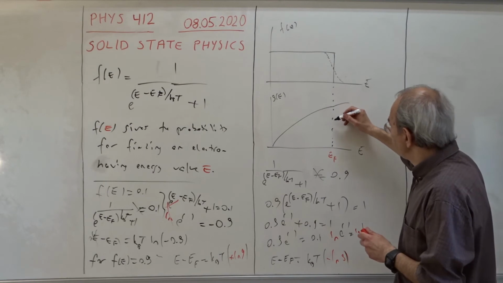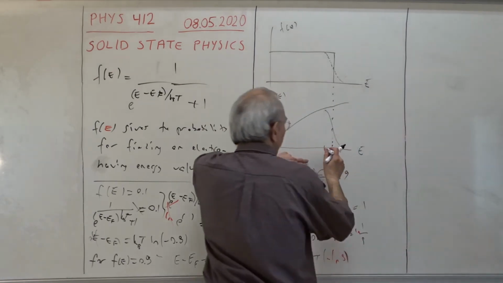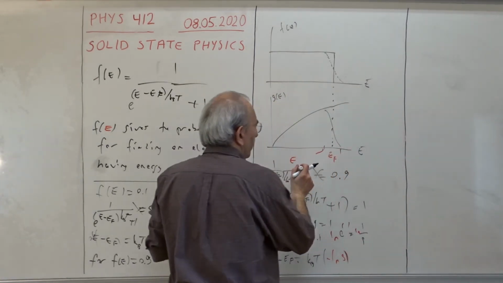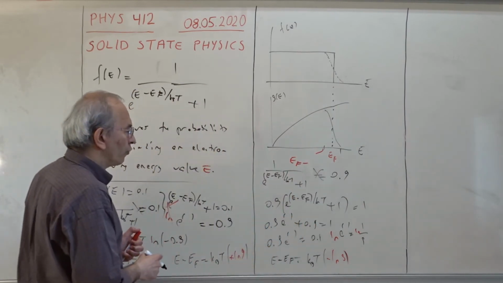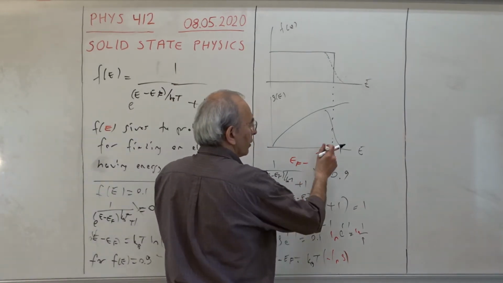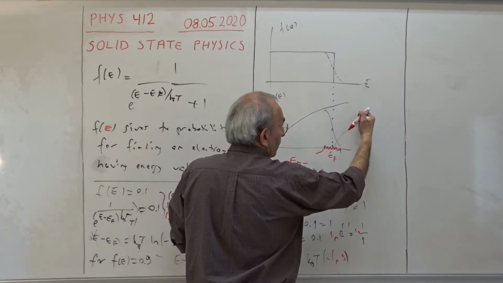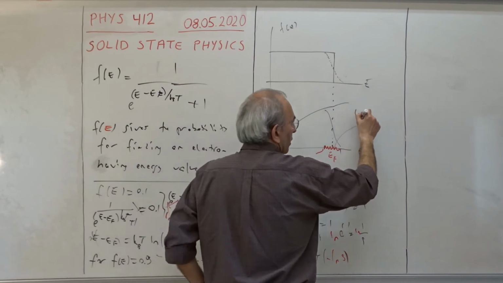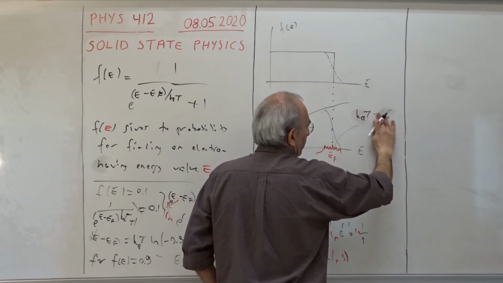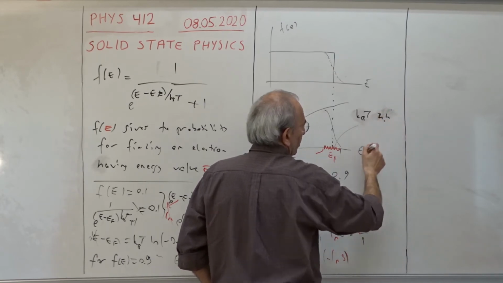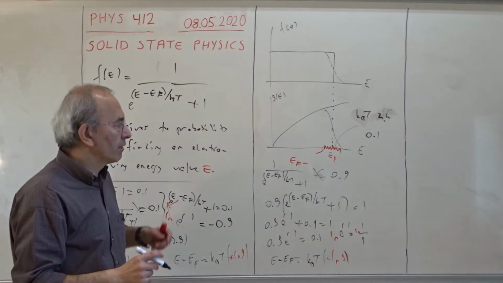So we are interested in these values. This point corresponds to EF minus, by the way, 2.2, 4.4. So this difference is now kBT times ln 4.4, which is approximately 0.1. 4.4 over 40.